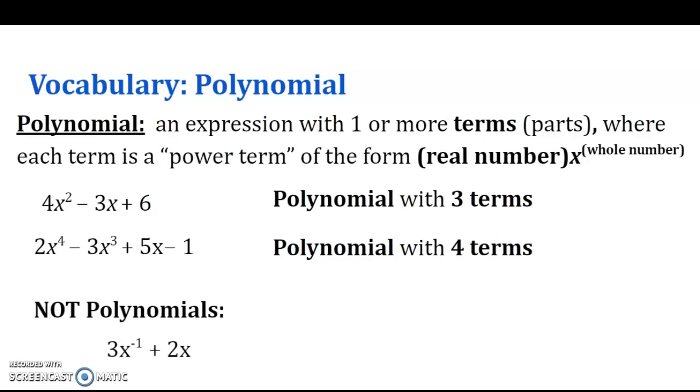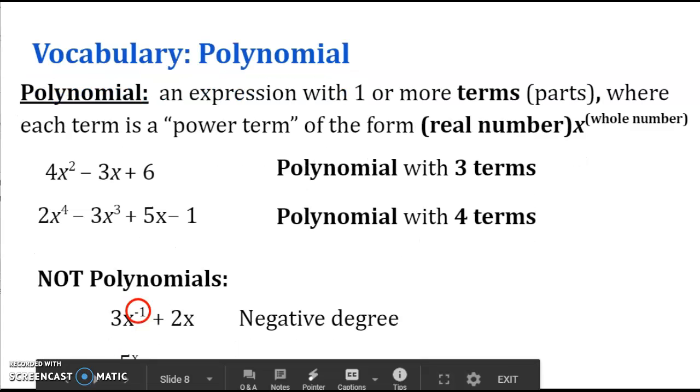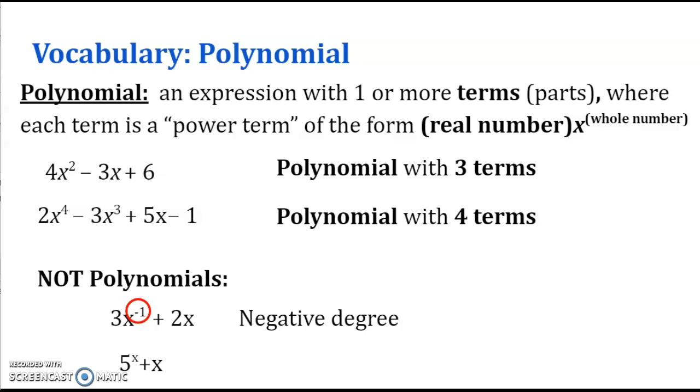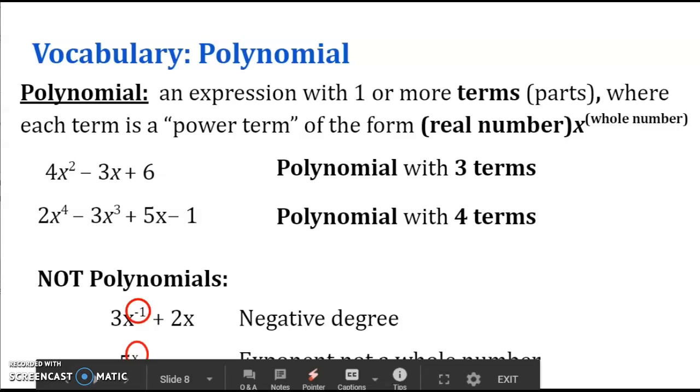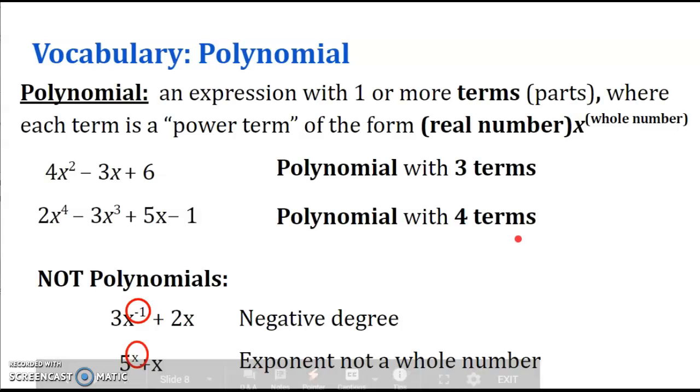But these are not polynomials. Why? Because we have a negative 1 exponent. When it's a negative exponent, it's a negative degree, so it's not a polynomial. And the last one is 5 to the power of x. Because the variable is in the exponent, the exponent is not a whole number, so it is not a polynomial.